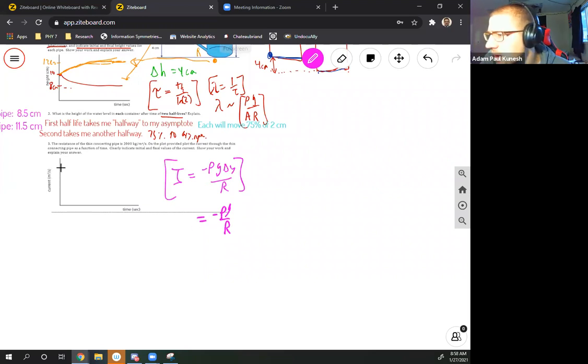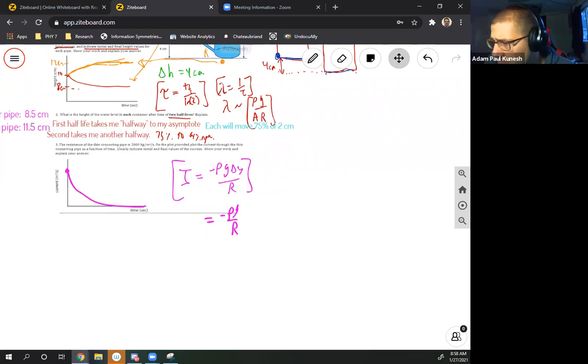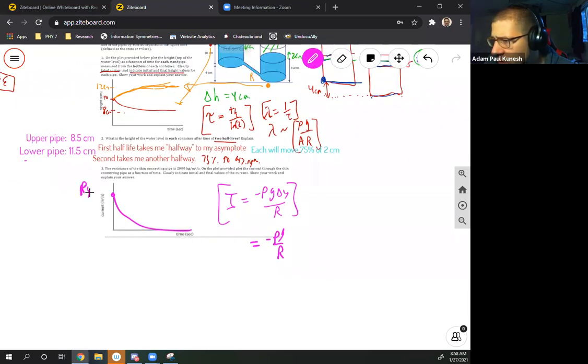So it's going to do the same deal. It's going to be rho g delta h naught over r. Wow, that's not very pretty. So the initial height difference over r.